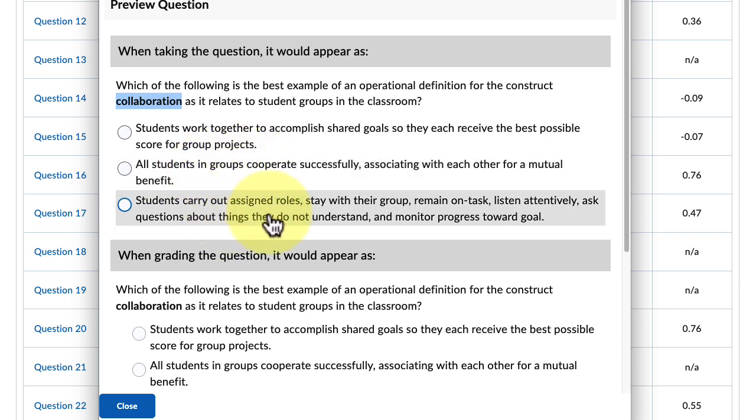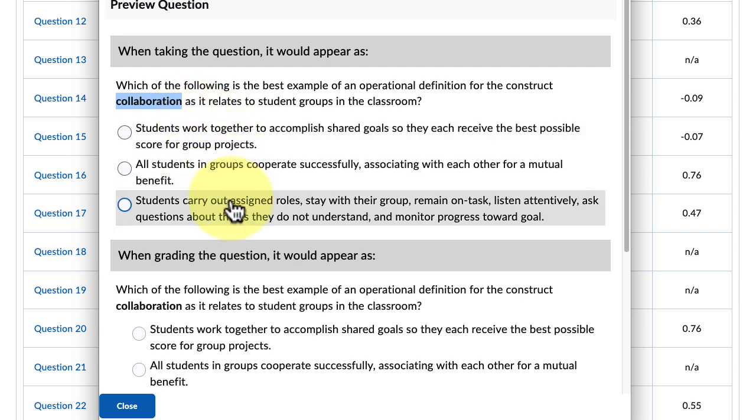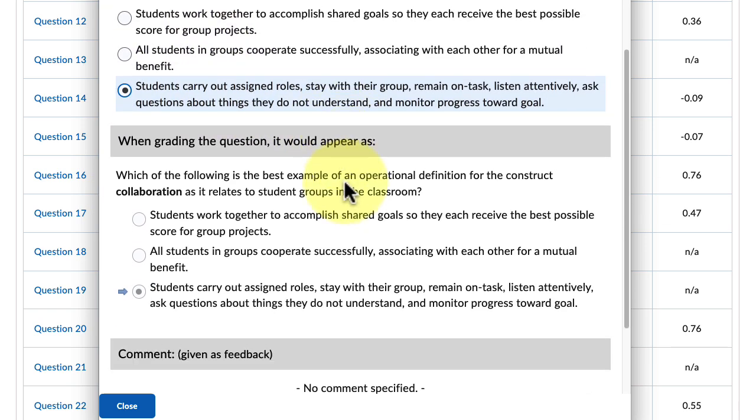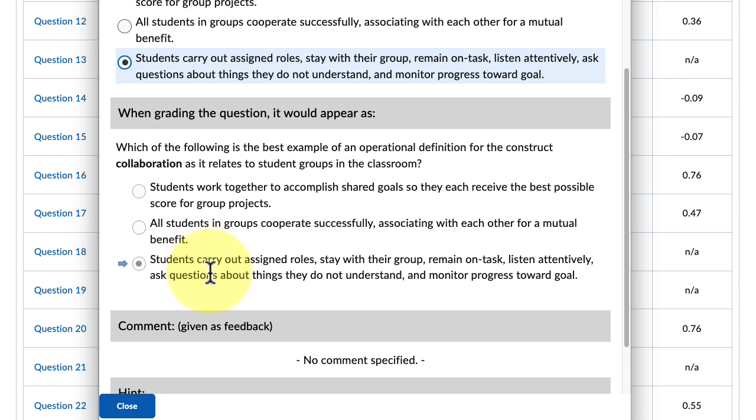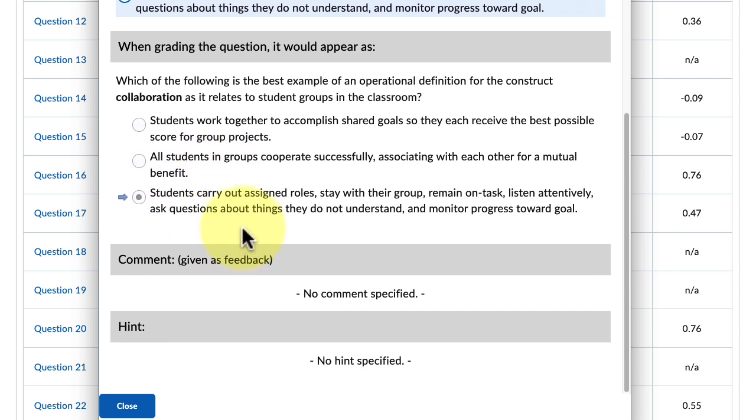Students carry out assigned roles, stay with their group, remain on task, listen attentively, ask questions about things they do not understand, and monitor progress toward goal. Well, this clearly indicates observable actions that could be used to define what it means to collaborate. So of the three options, I would definitely say that the best answer is number 3. And then I look at the grading, and the grading indicates that that is the best possible answer.